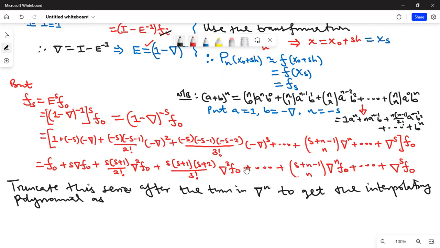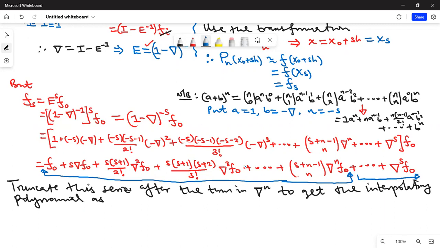What I mean is this one. When I consider from the first term all the way up to the nth order term, up to here, that will give me the interpolating polynomial. Anything going onwards will be the truncation error.